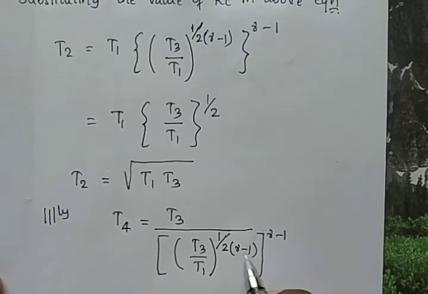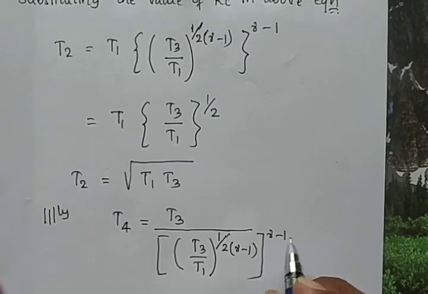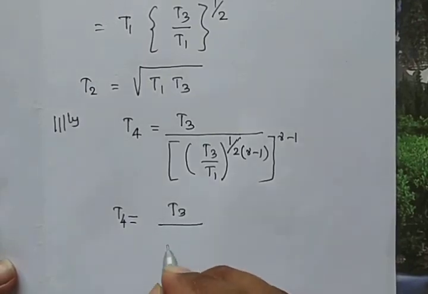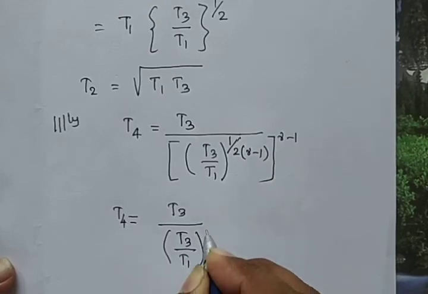Again gamma minus 1 in the numerator and gamma minus 1 in the denominator get cancelled. So I will have T4 equal to T3 divided by T3 by T1 whole raised to half.